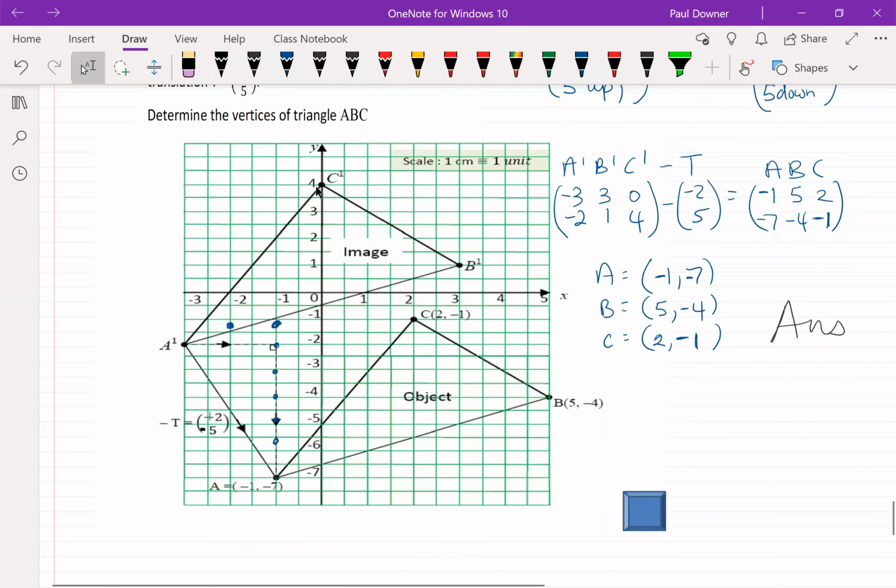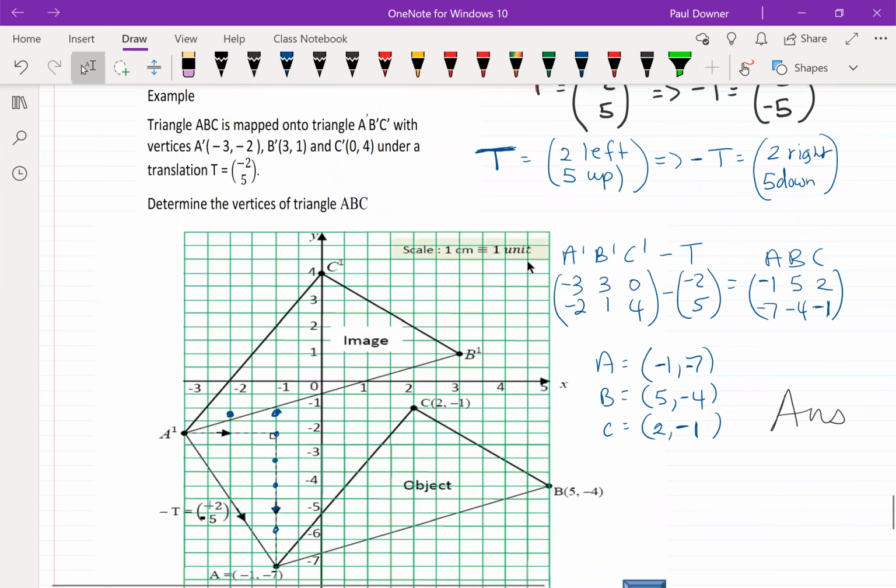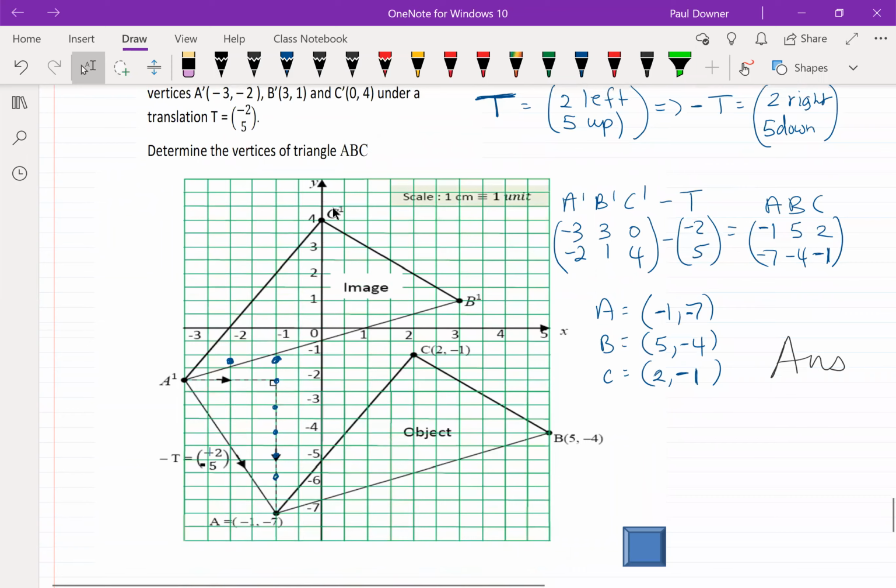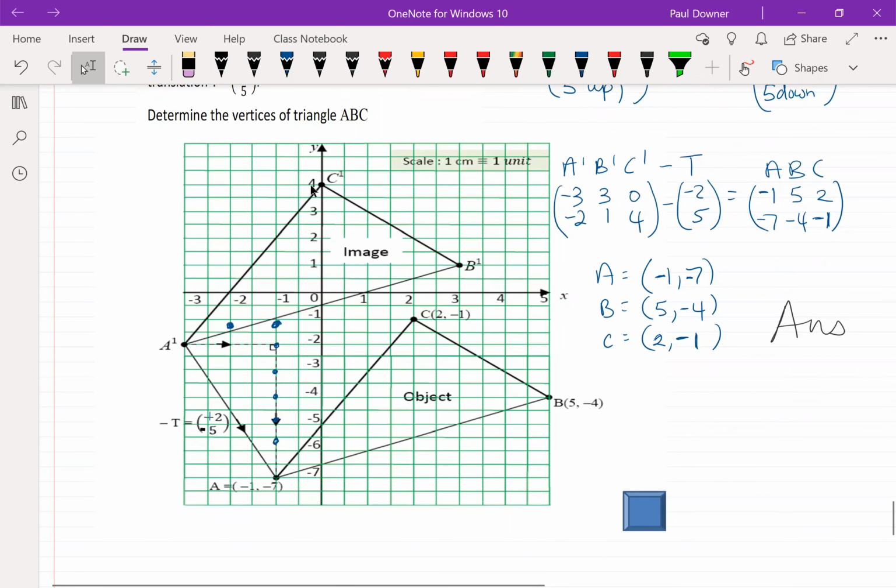To get from C prime to C, what do I have to move again? 2 to the right, 5 down. So let's move our 2 to the right: 1, 2. 5 down: 1, 2, 3, 4, 5. That carries me to C, from my image point C prime to my object point C. By applying my inverse translation vector, 2 to the right and 5 down, I got to this point.